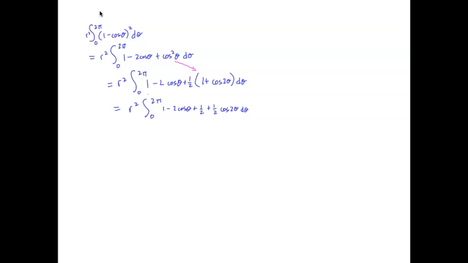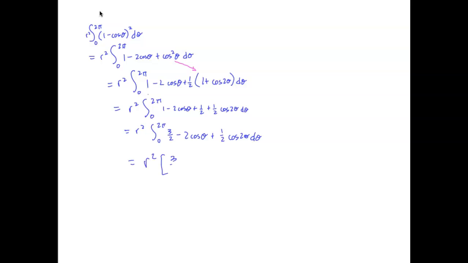And then I have the 1/2 and the 1 that I'm just going to combine to make 3/2 minus 2 cosine theta plus 1/2 cosine 2 theta d theta. Okay. All right, so now I'm ready to take the antiderivative, right?